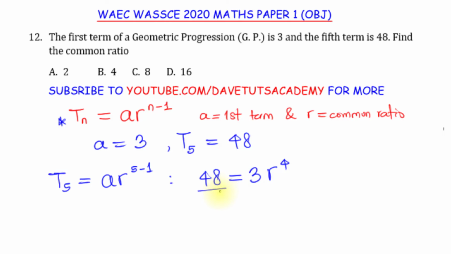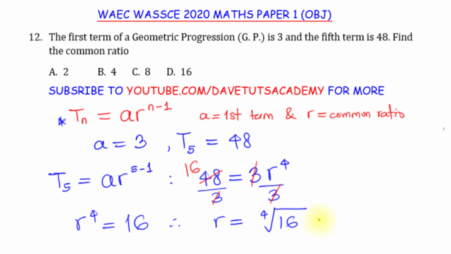So if you divide both sides by 3, you'll see that to the right hand side, the 3 will cancel, and then 48 over 3, that will be 16. So we can say our R raised to power 4 is equal to 16, such that R will be the fourth root of 16.